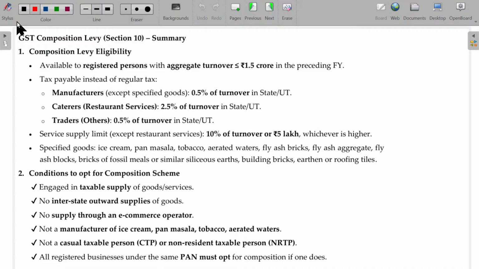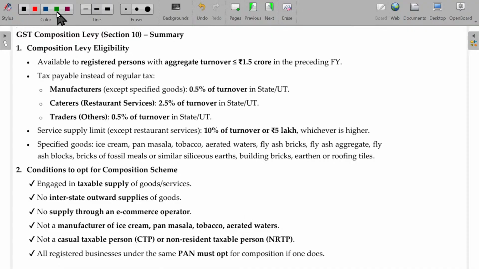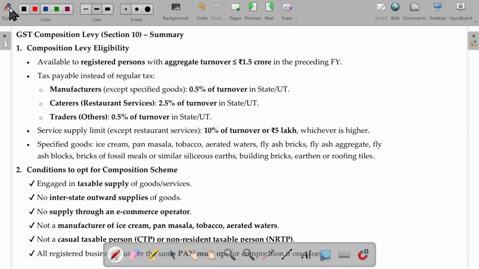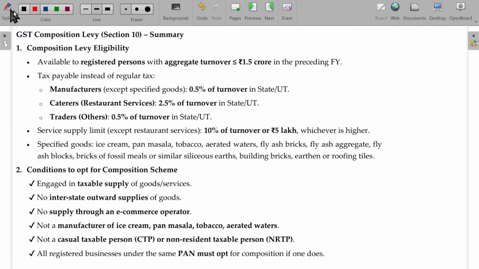Composition levy. What is the eligibility for composition levy? Number one being eligibility for composition levy.